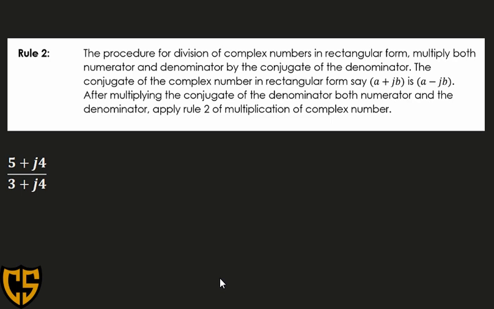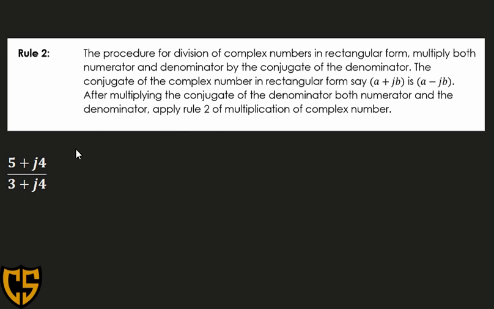The conjugate of a complex number in rectangular form, say a plus jb, is a minus jb. After multiplying both numerator and denominator by the conjugate, apply rule 2 of multiplication of complex numbers.